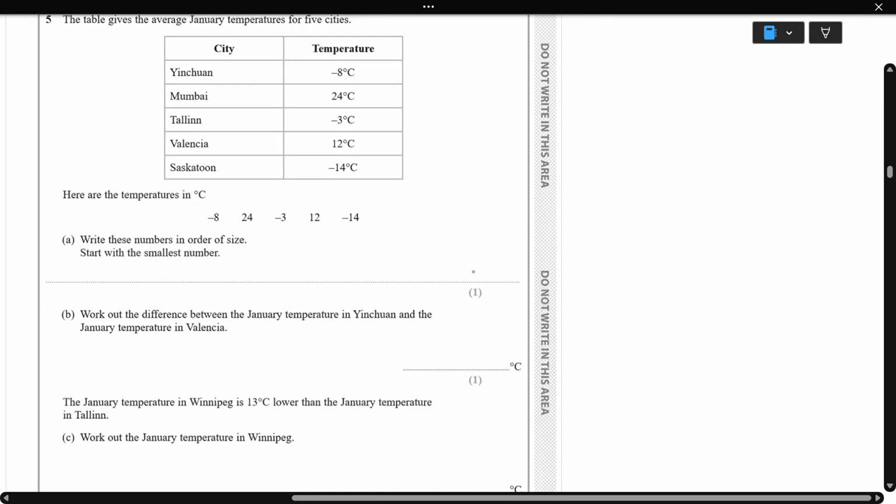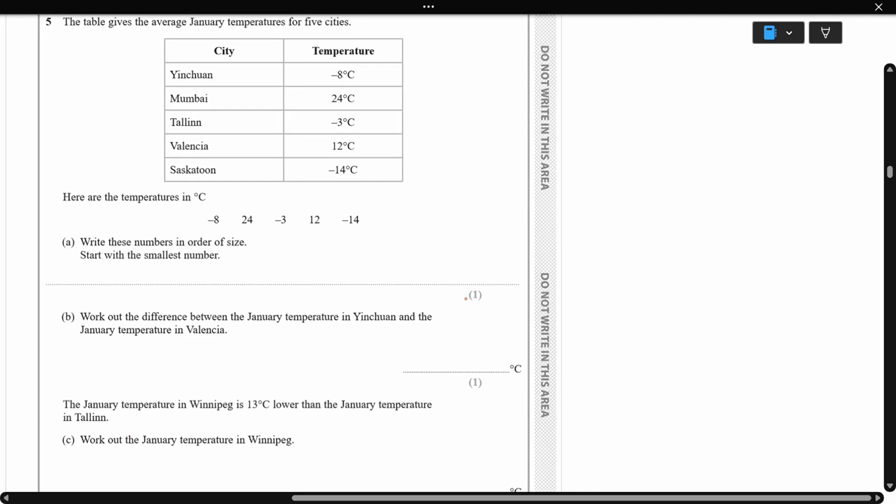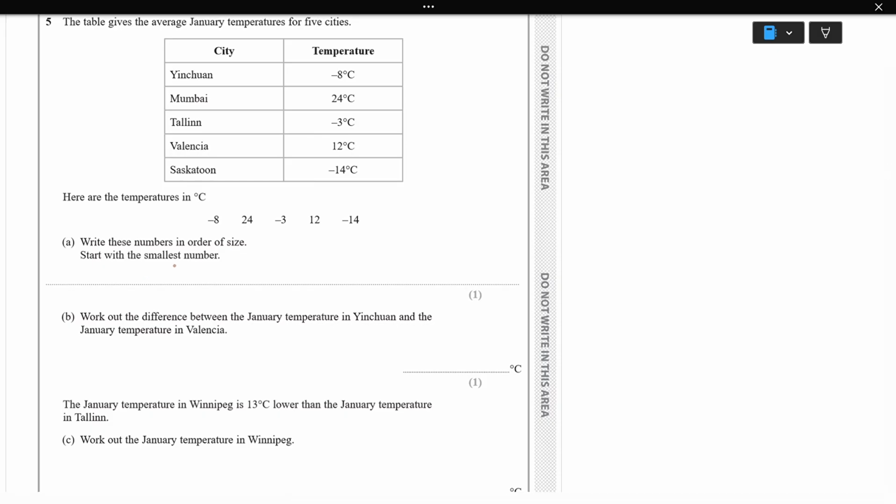Okay, so here are the temperatures in Celsius. Write the first question, write these numbers in order of size. So start with the smallest number. We need to find the least number, which is negative 14.